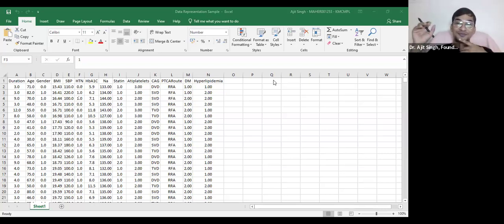Oh, ordinal. Tell me, in aspirin, clopidogrel, and ticagrelor, which is number 1, which is number 2, which is number 3? Not here in the Excel sheet. Rank wise, tell me the rank wise. Do you think aspirin, clopidogrel, and ticagrelor are in rank? Oh, come on, no. This is a nominal type of data.